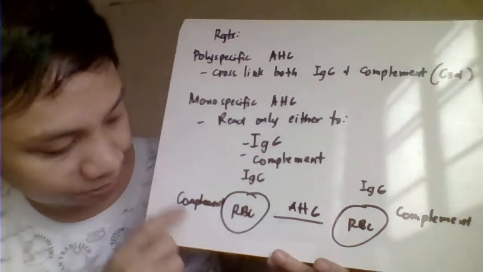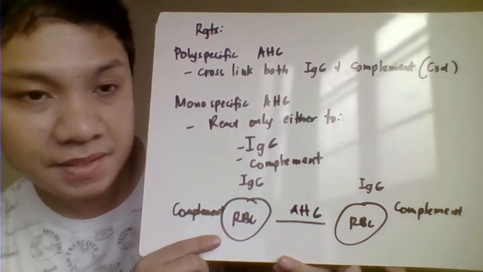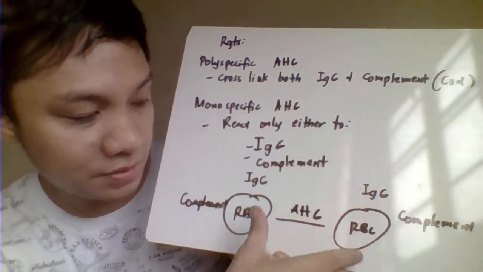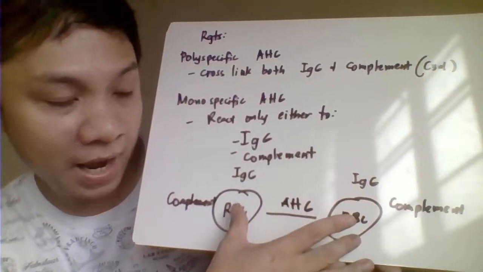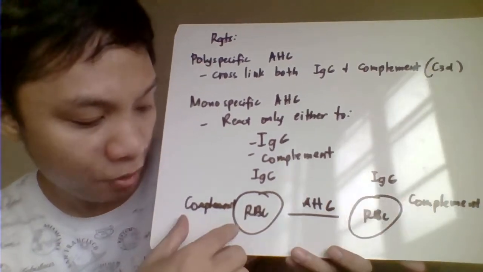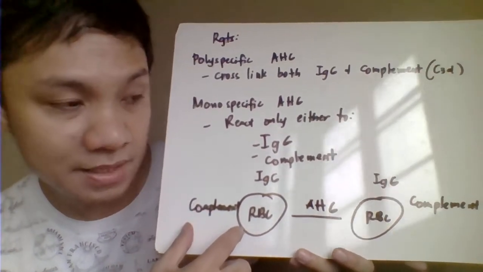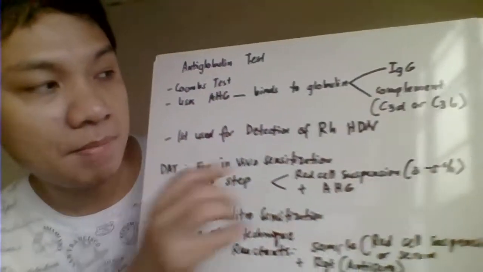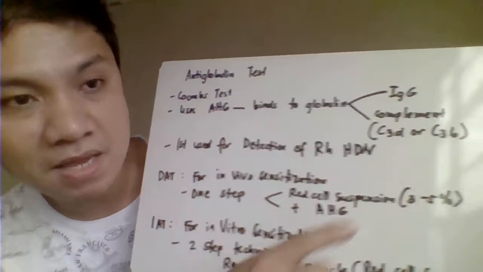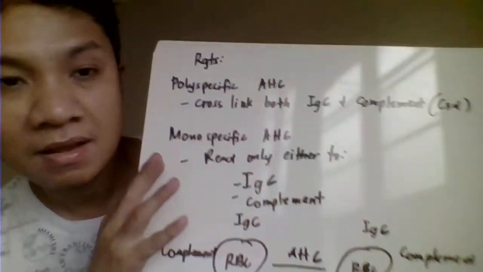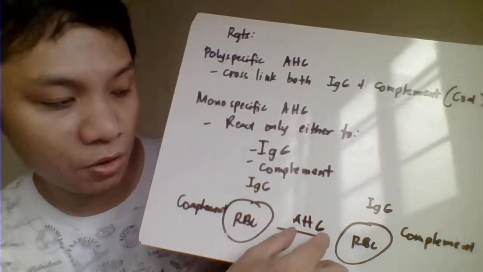So if your red blood cells here are sensitized with IgG, you are able to visualize that by addition of your anti-human globulin. Another one, complement can also bind here and sensitize. What is an example of complement? C3d or C3b. So you could visualize that by addition of your anti-human globulin.